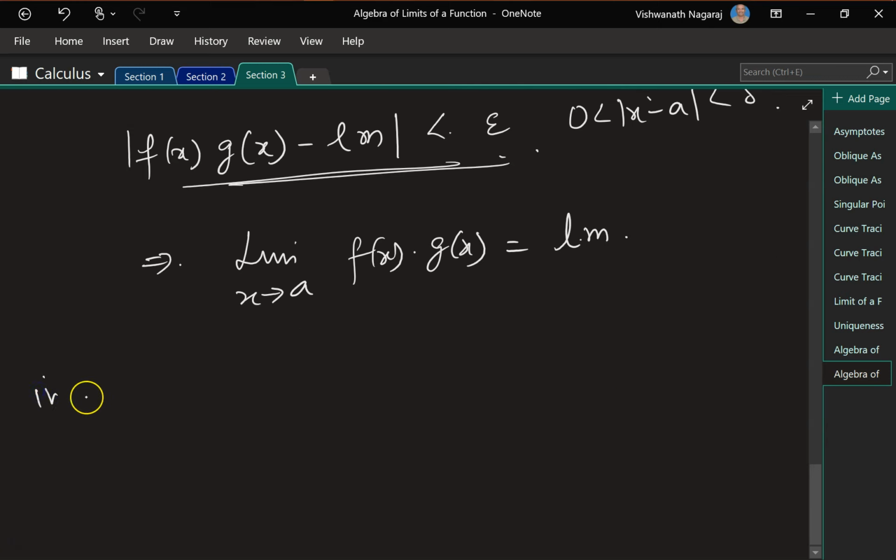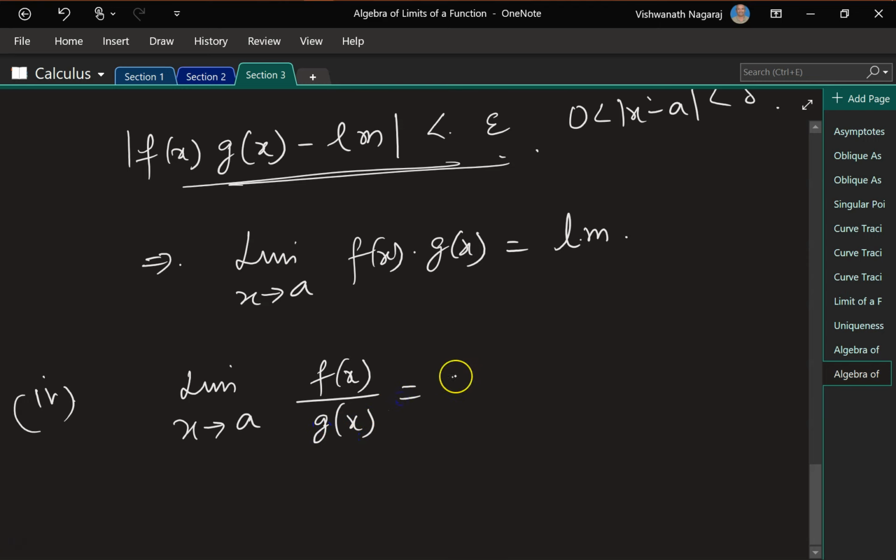Then we come to division. So we have to show that limit as x approaches a of f(x) by g(x) is equal to L by m, and of course here m is not equal to 0.